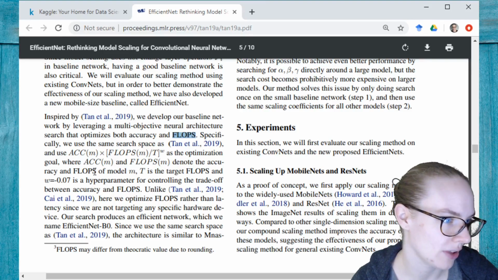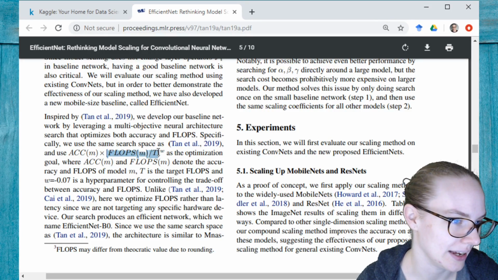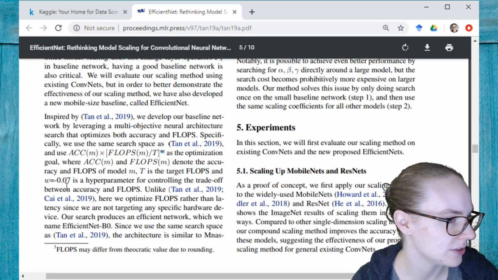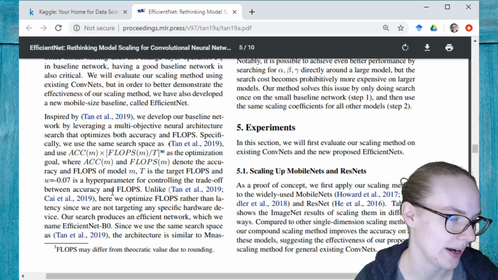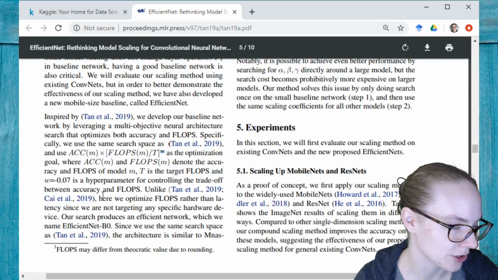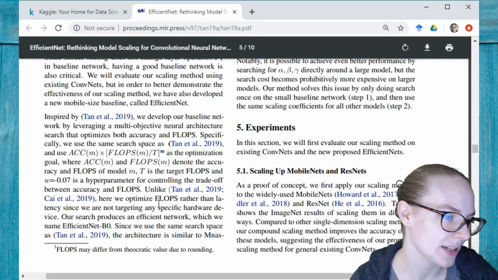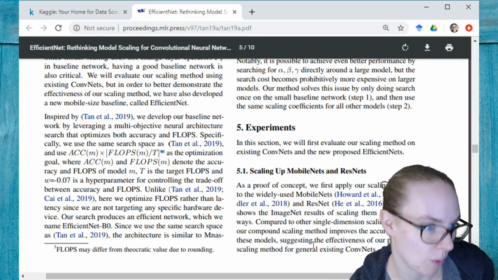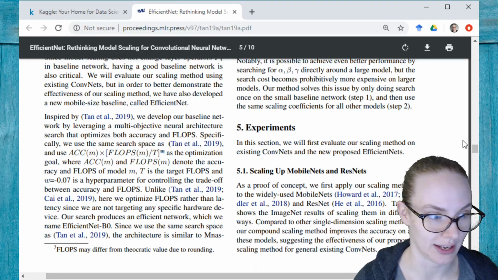T is the target FLOPS, and this bit is raised to the w-th power, where w equals negative 0.07 is a hyperparameter for controlling the trade-off between accuracy and FLOPS. Unlike Tan et al. and Cai et al. 2019, here we optimize FLOPS rather than latency, since we are not targeting any specific hardware device. So they want to do fewer operations rather than having specific latency on a given device.